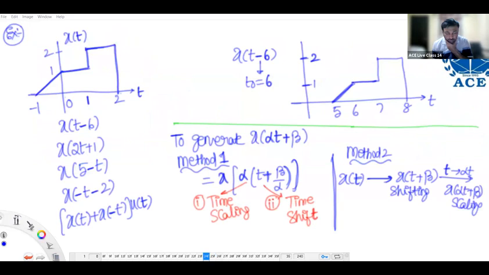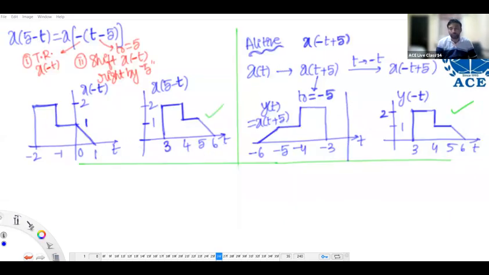What is the fourth one asked here? x of minus t minus 2. Carry on. x of minus t minus 2 we require. It is nothing but x of minus of t plus 2. I am following my style, first method. Already x of minus t is available for us.